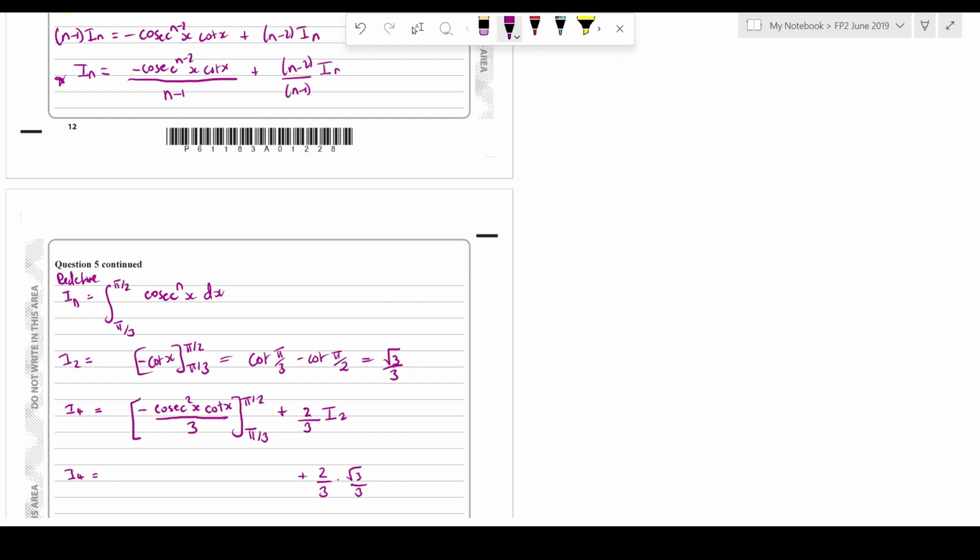So we're going to have minus cosec squared pi over 2 times cot pi over 2 over 3, minus, no, it will be plus cosec squared of pi over 3 times cot pi over 3 over 3.